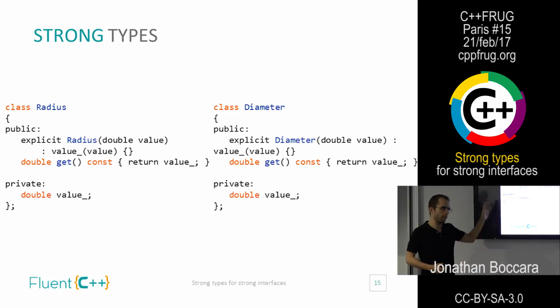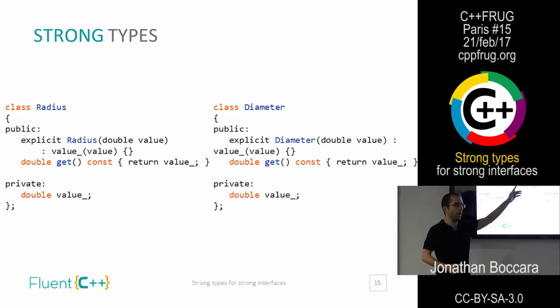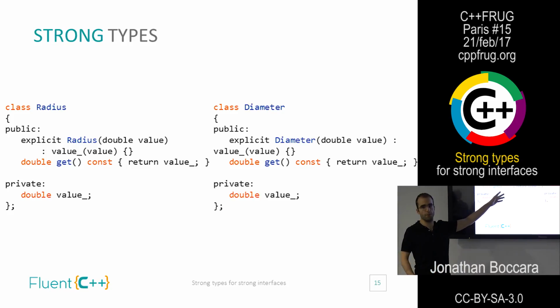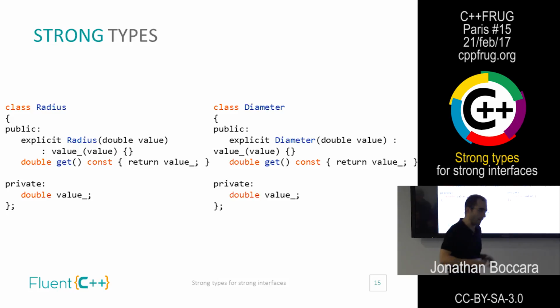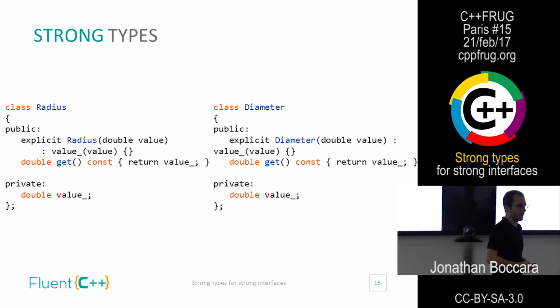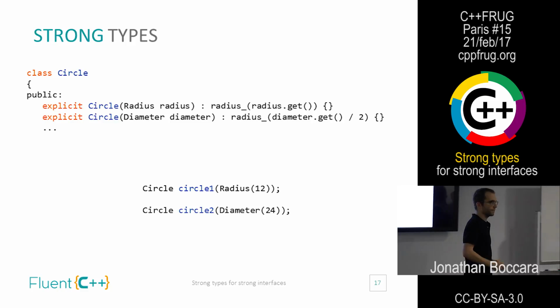The type doesn't do much. It can just be built from a double, and you can just retrieve the double from it, and that's about it. And then I create a new type called diameter, and that means it's a double, but it is a diameter, so it's not the same thing as a radius.